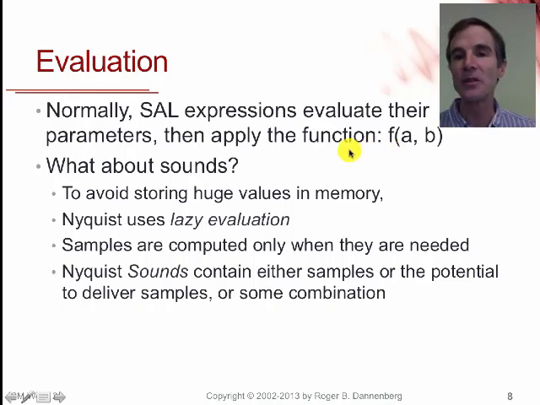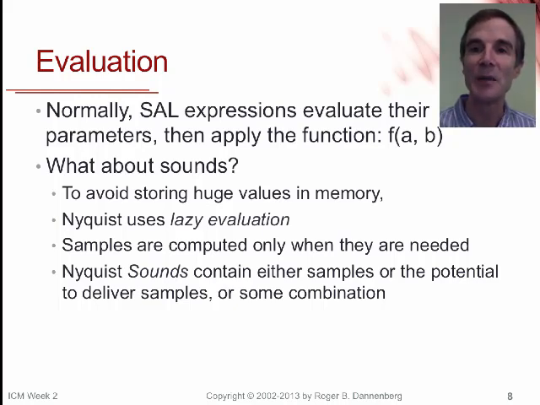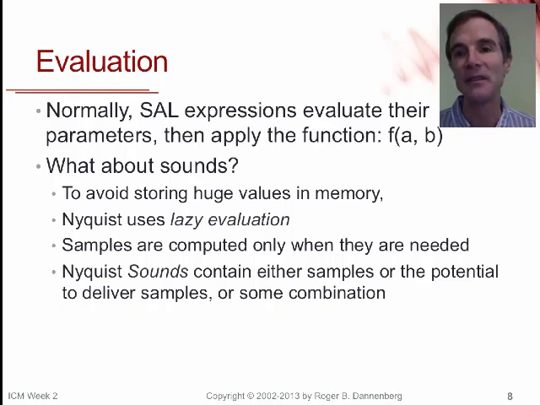And so all this computation can be done incrementally. It's very fast and very efficient, and that makes Nyquist quite possibly the fastest synthesis system there is. It's a combination of deferring work until you absolutely need to do it, and then when you actually need to do it, doing it in a very efficient way.